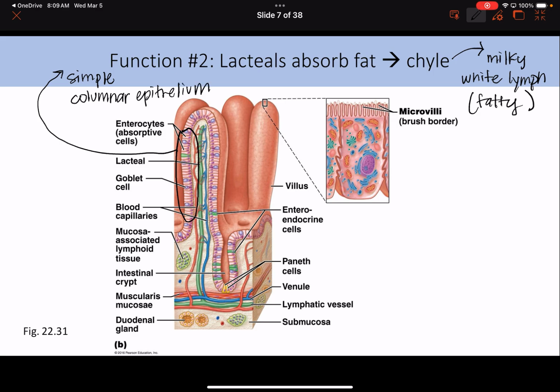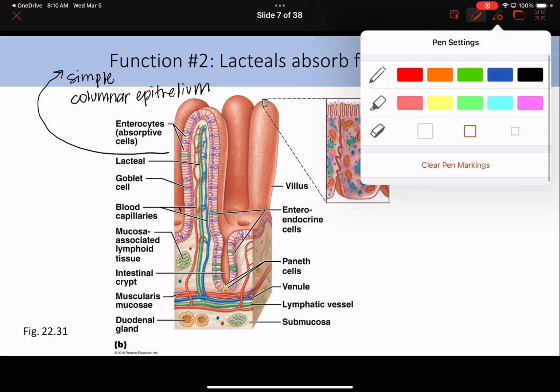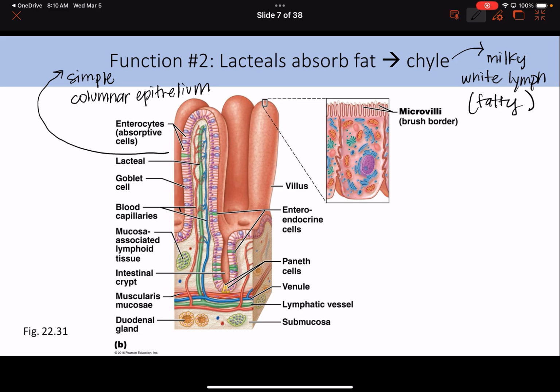So within these villi of the intestines, there are these green capillaries or vessels that you see right here in the middle. So this green vessel here, that is a lacteal.